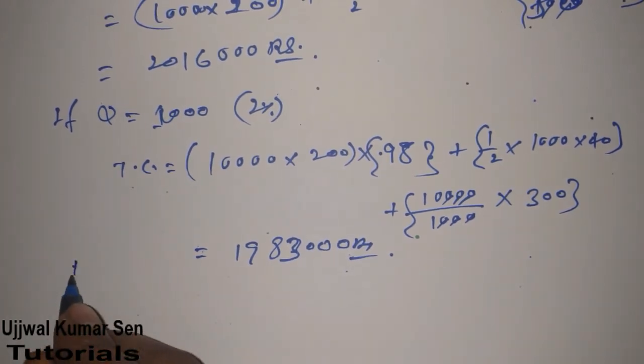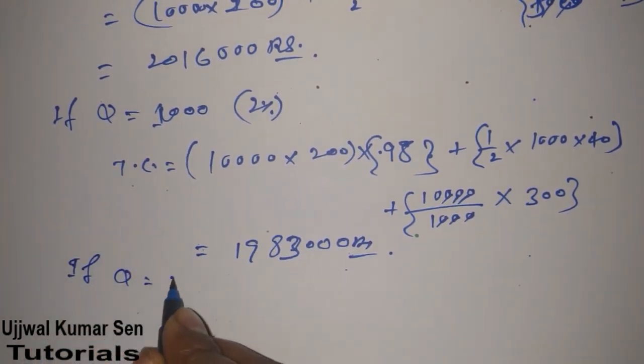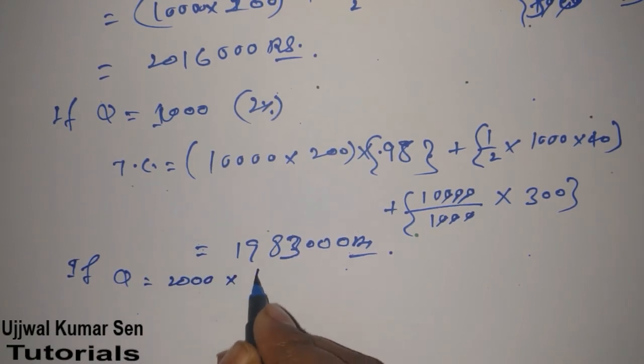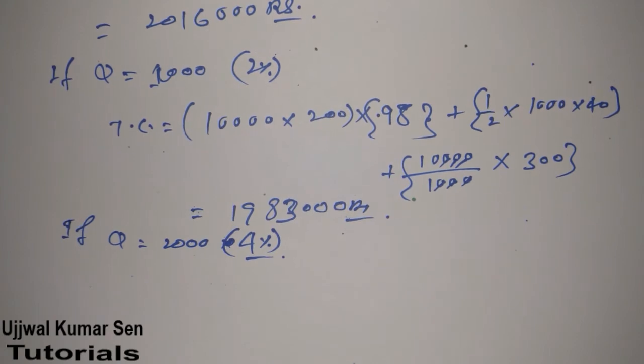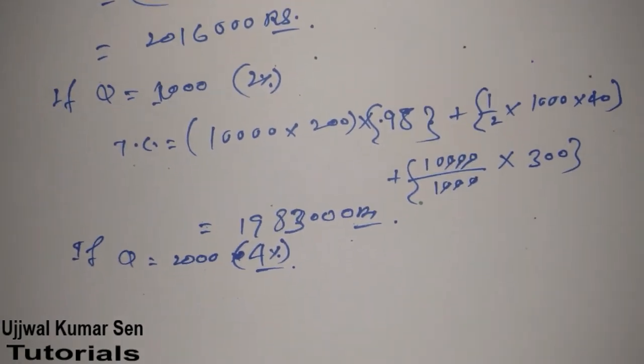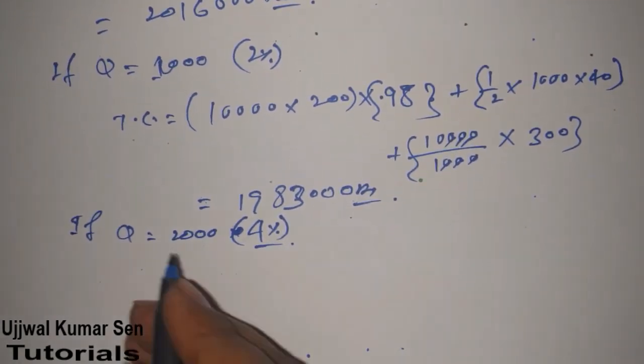Now, if Q is equal to 2000, then according to the question, how much discount are you getting? 4%. So for finding out the total cost, we have to implement this 4% discount.